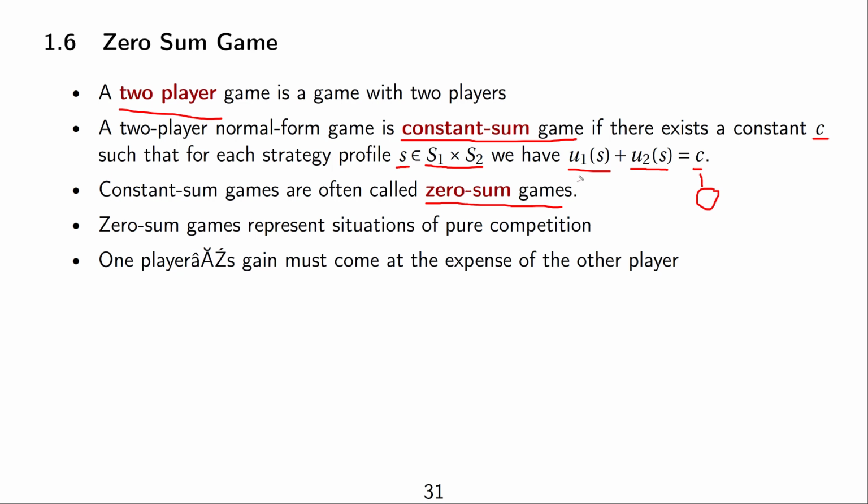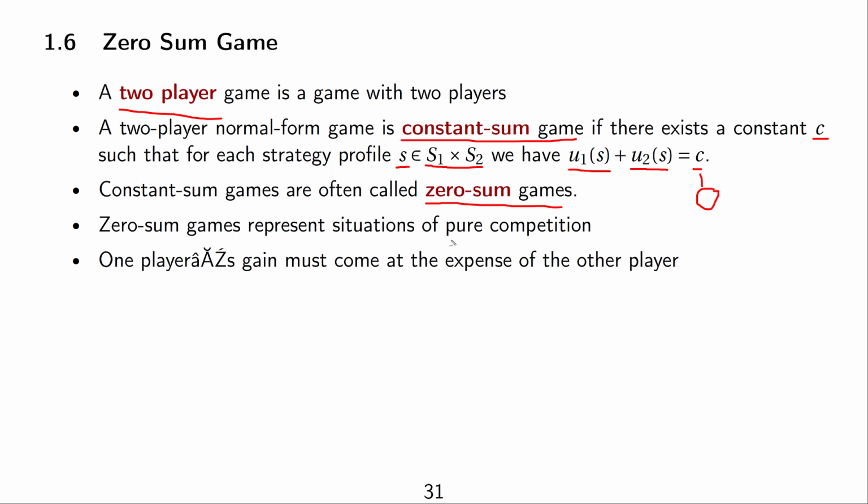So we'll have one function and one of the players has a positive sign in front of this function and the other player has a negative sign in front of this function. Such as what we had before, one player was looking at x times y and the other player at minus x times y in the saddle game. So the saddle game is a zero-sum game.